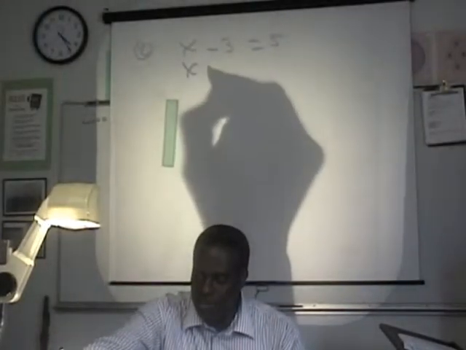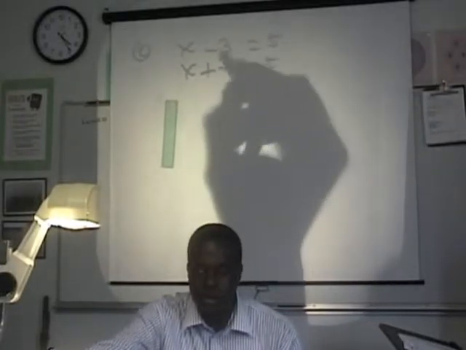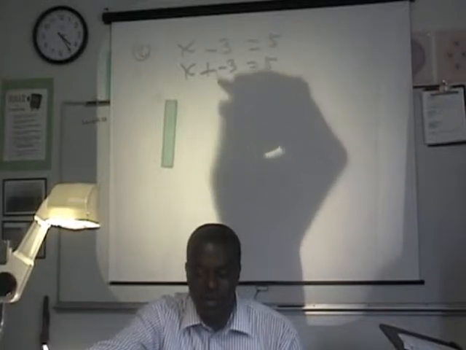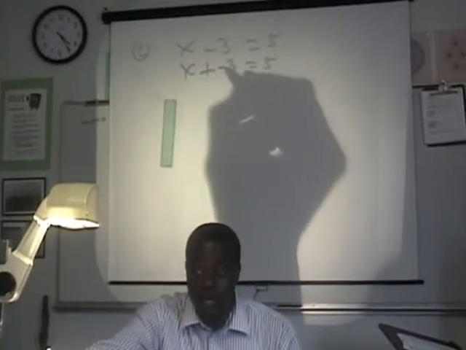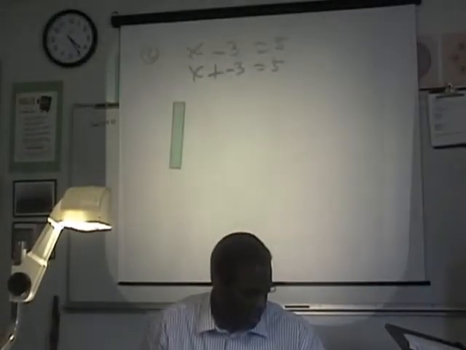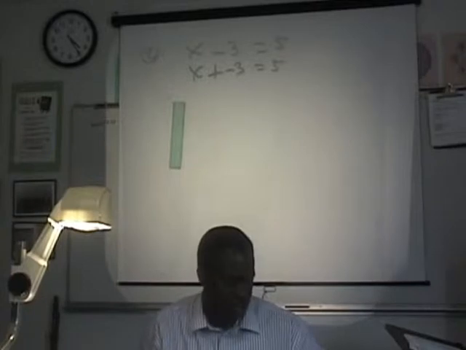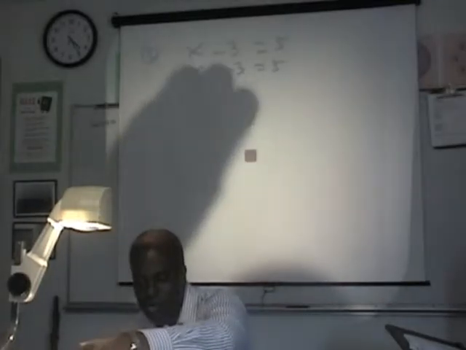So this is x plus a negative 3 equals 5, because you can change subtraction to addition, right? Subtracting a number is the same as adding the opposite, remember that? So now I must add negative 3, so I need 3 small squares.